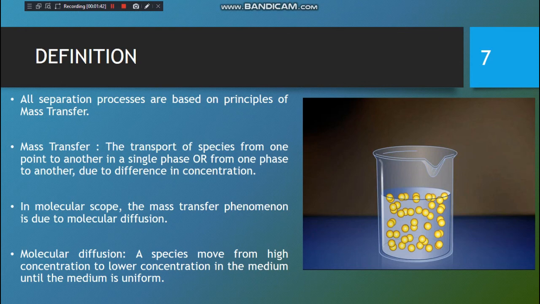If it is a liquid, the molecules move from high concentration to lower concentration. If the mixture is in gaseous form, the resistance is expressed in terms of partial pressure, where the higher partial pressure moves towards the lower partial pressure until the medium is uniform.